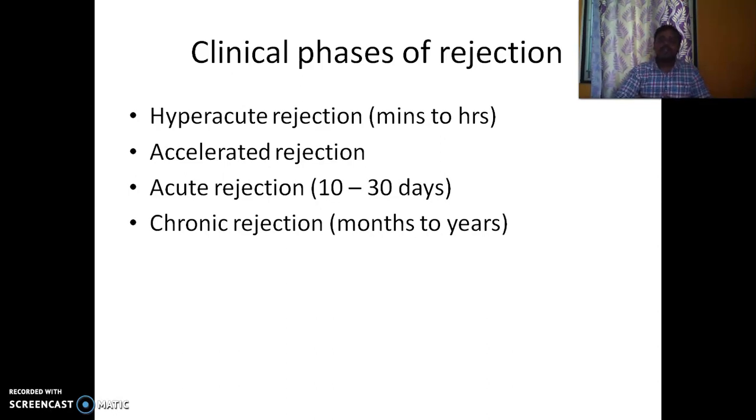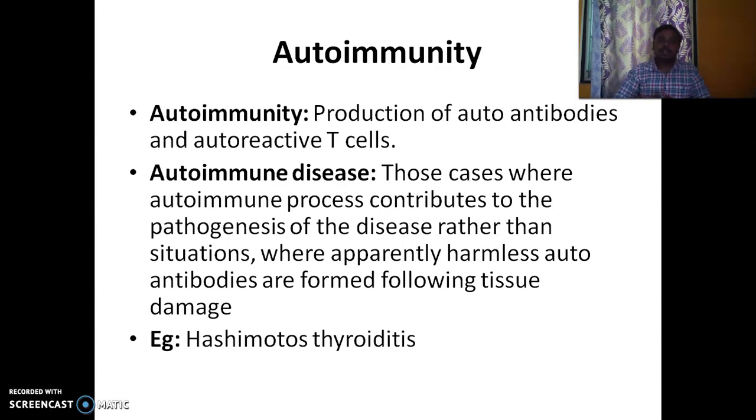Now we are going to see the next topic related to immunity, that is autoimmunity. We have seen how our immune system fights against pathogens and foreign invaders. But what if the same immune system attacks our own body? That's what is called autoimmunity. Autoimmunity is the production of autoantibodies and autoreactive T cells.